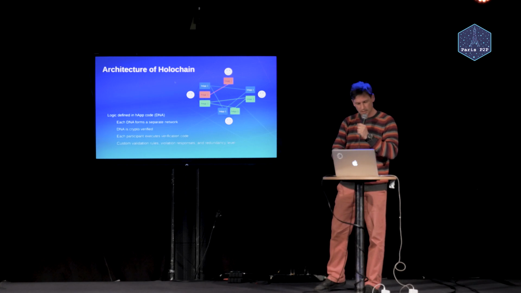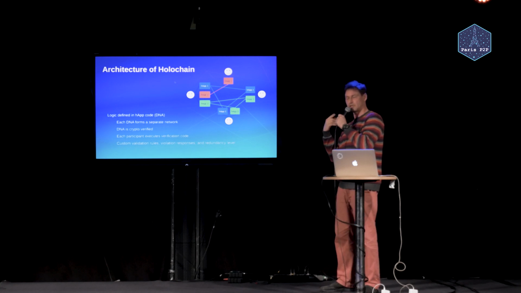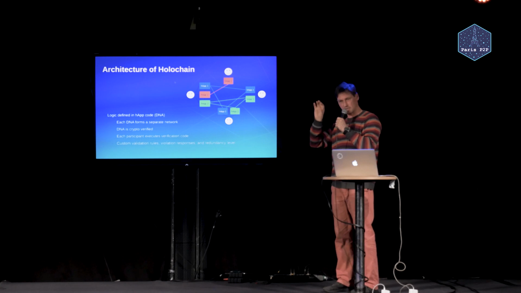Now, DNA obviously is cryptographically verified, which means that we know that whatever code we're executing is actually the code that we should be executing. Then each participant of the network is running the verification code. That allows us not to have any trusted special entities.